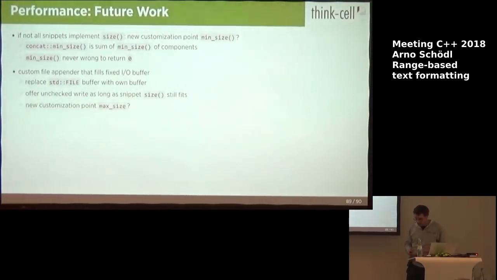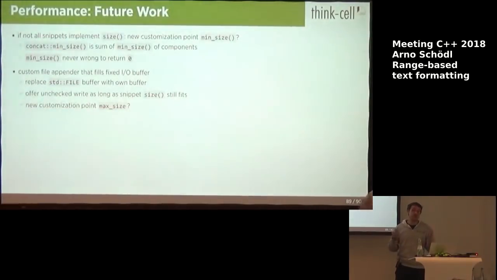When you are appending strings to a file, you can do something similar. Right now, the std file is internally buffered. It carries around a buffer of maybe 512 or 1024 bytes, and it will fill it. When it's full, it will actually go to disk. If you directly call the operating system function, we've tried, you are much slower. You can't really do that. These are too many switches into the kernel.